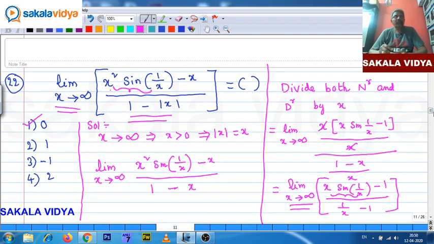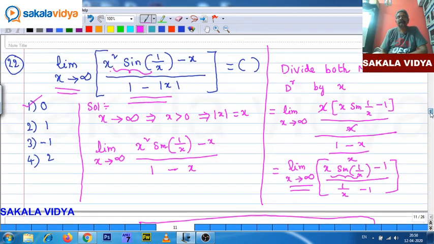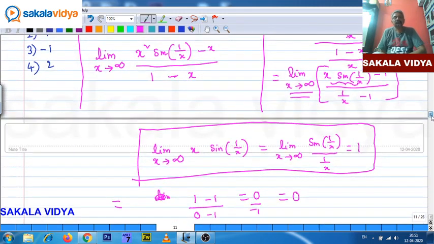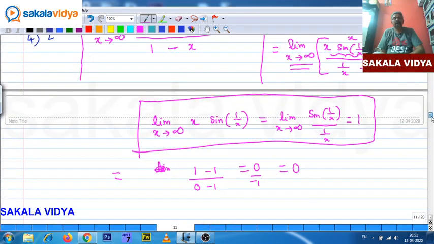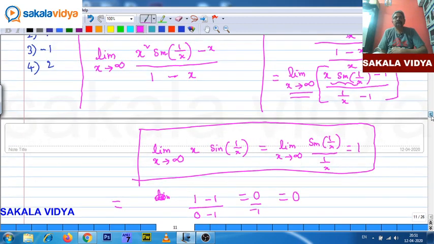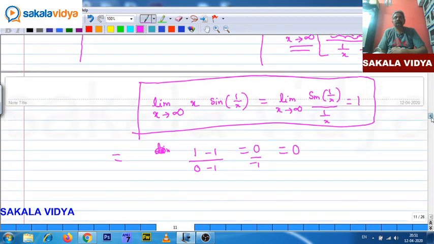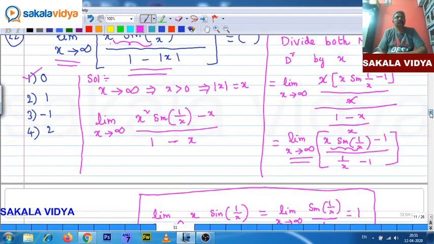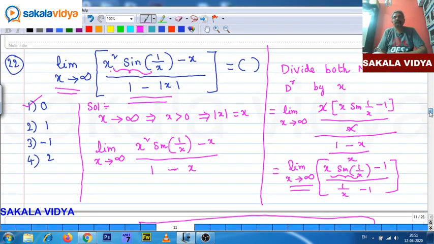Because in the denominator we have 1 minus x, we need to divide by x only, not x square. Okay.